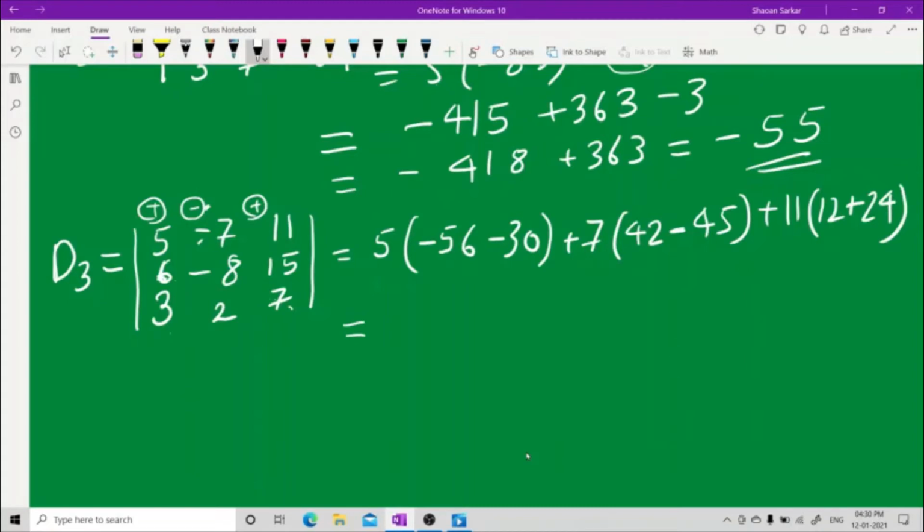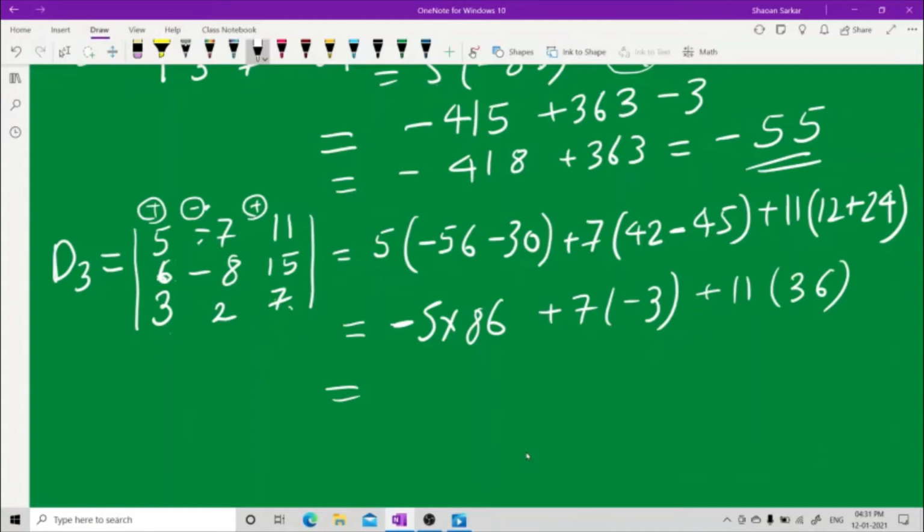So let's write it like this: minus 5 into this, plus 7 into minus 3, and then you have plus 11 into 6. And you have got 3, 36, 5 6 are 30, 5 8 are 40, minus 430, minus 21, plus 6, and then 11 3 are 396.